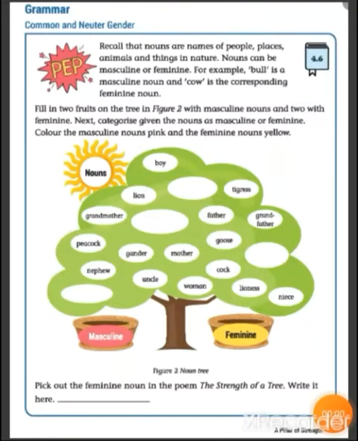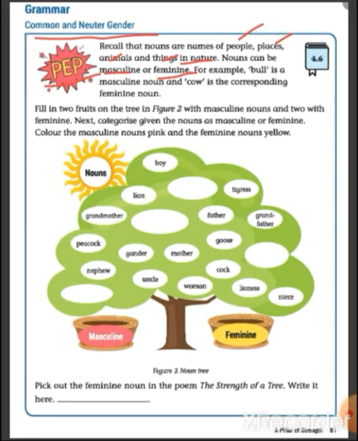Let us see in our textbook. PEP activity, common and neuter gender. Recall that nouns are names of people, places, animals and things in nature. Nouns can be masculine or feminine.